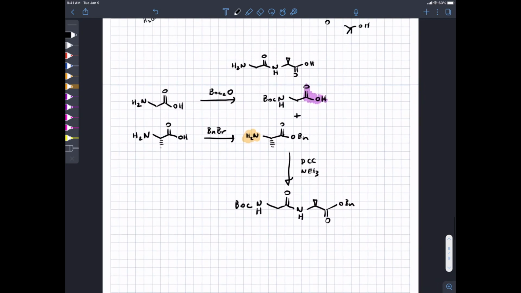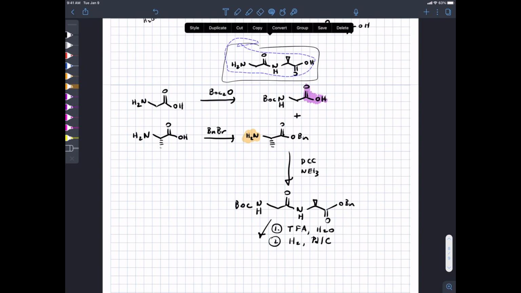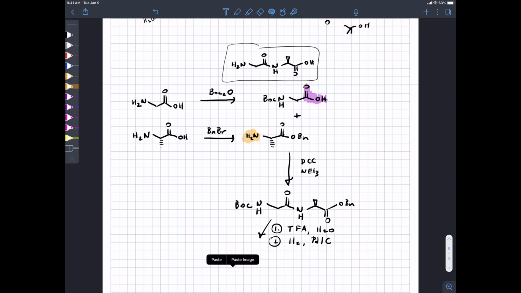And then, because our target is this finished peptide, we have to do the deprotection reaction, and you could do this in any order actually. You could use TFA and water to remove the Boc group, and then hydrogenolysis, hydrogen with palladium on carbon, to remove the benzyl ester, and that would give you your desired molecule.